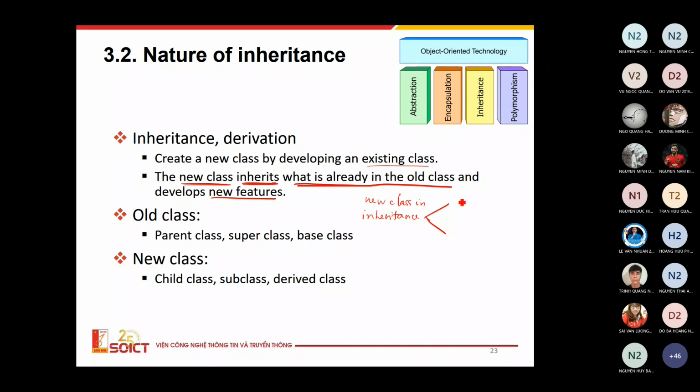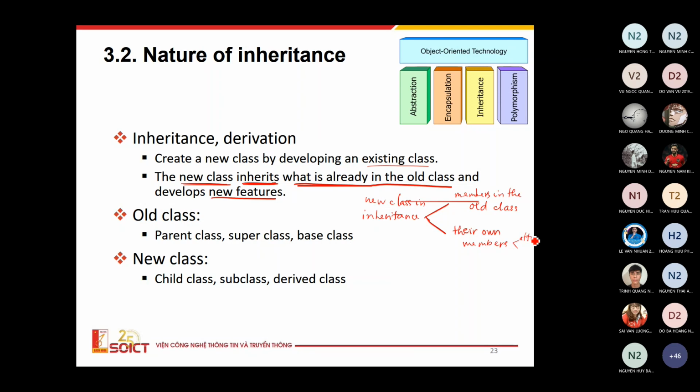They will have the members in the old class, that means attributes or methods in the old class, and they can have their own members. What is the new feature of this class? That means they can have an attribute of their own or a method of their own.